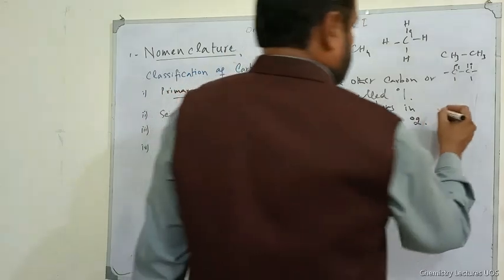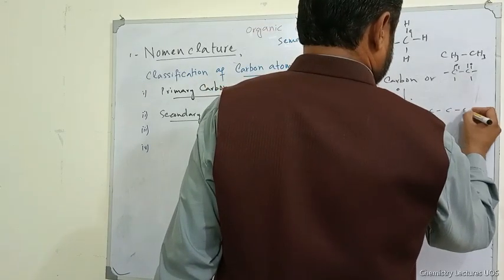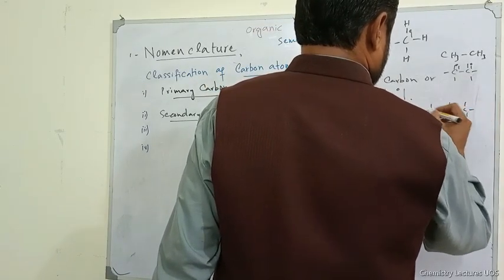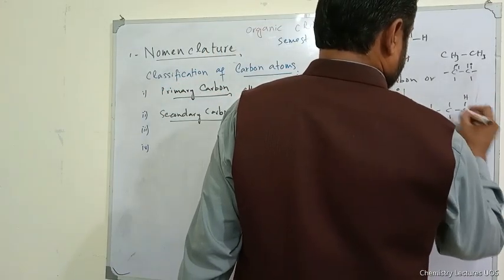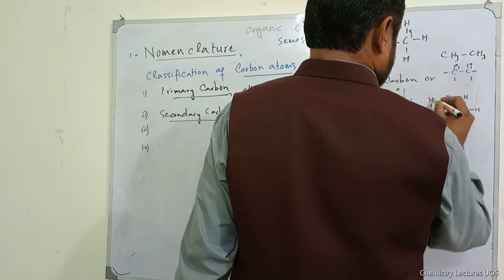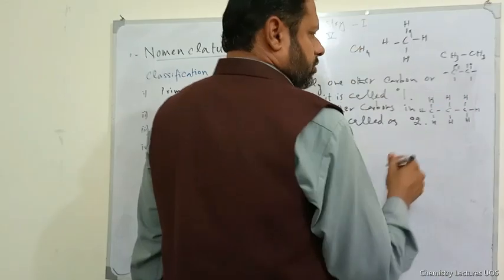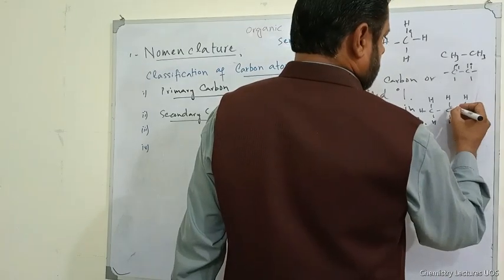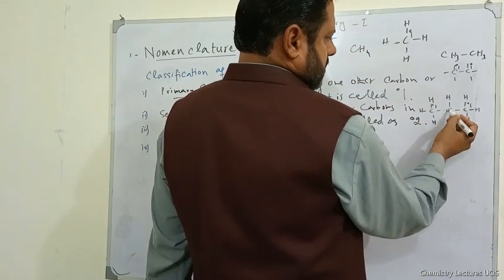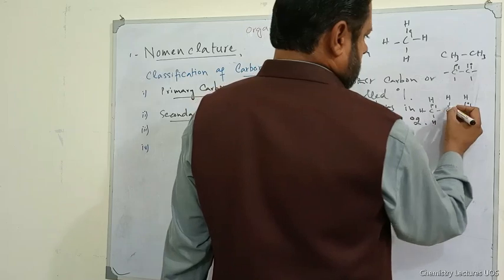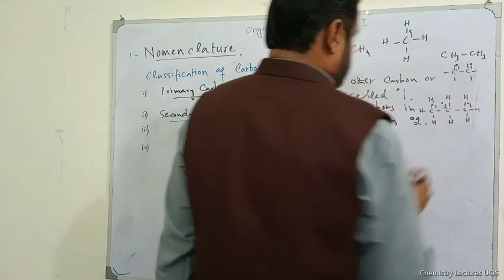For example, you have the carbon in the center of propane. You can see this one carbon is attached to only one carbon, so this is a primary carbon, and this one is also primary. But this carbon is attached to two other carbons, so this one is a secondary carbon.